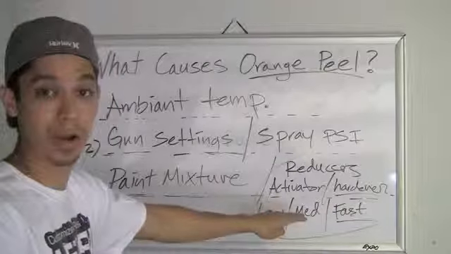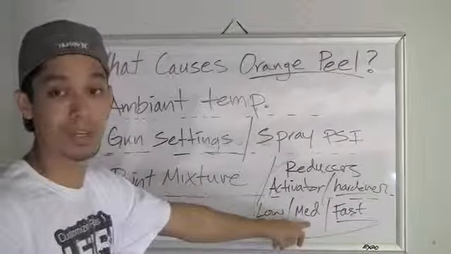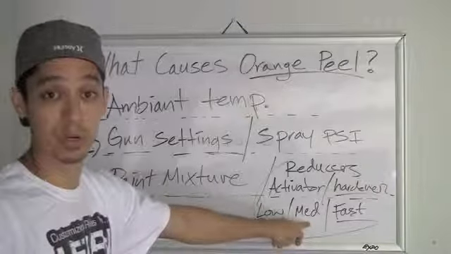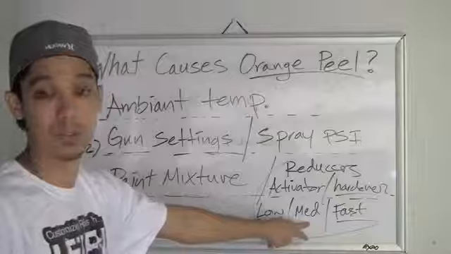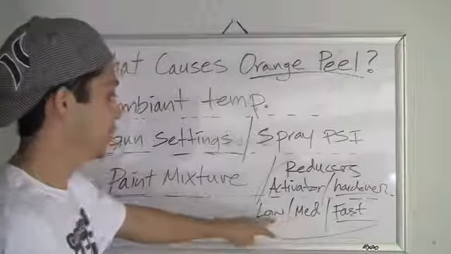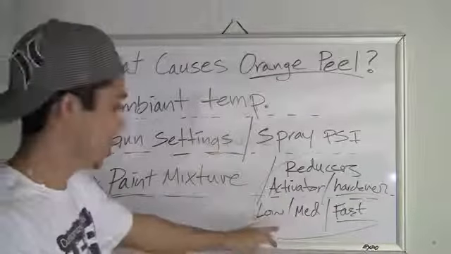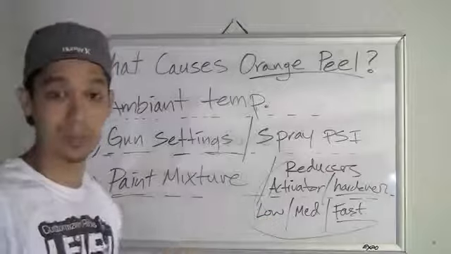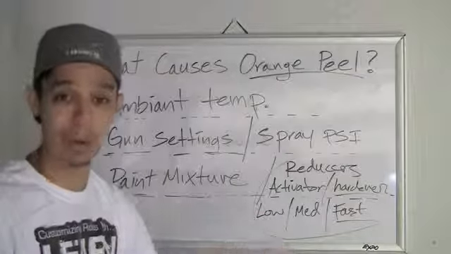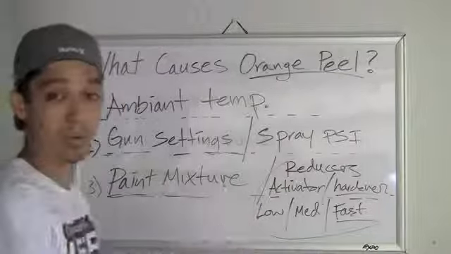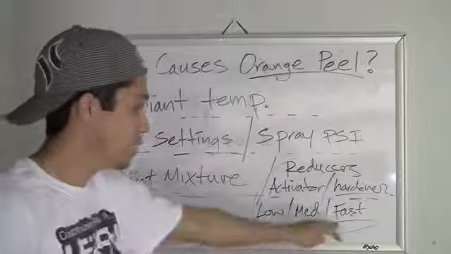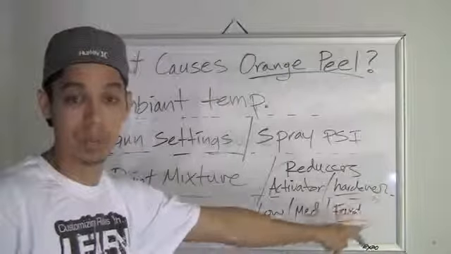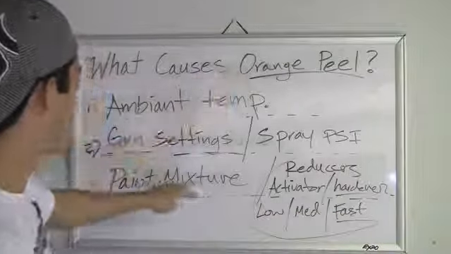If it's in a colder area, you may want to use a medium activator and reducer for your clear coat, so it doesn't take too long to cure. If you're in a hotter environment, you want to use a low temperature so you have time for your clear coat and paints to flow out. And if you're doing spot panel repairs, you want to get the job out of the shop, out of your home quick. The fast is what I usually recommend.